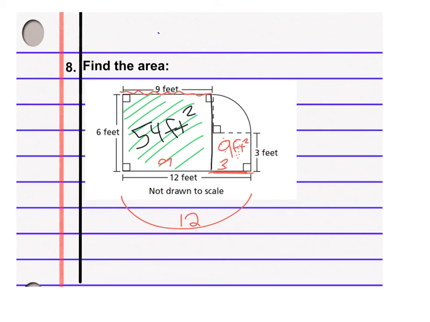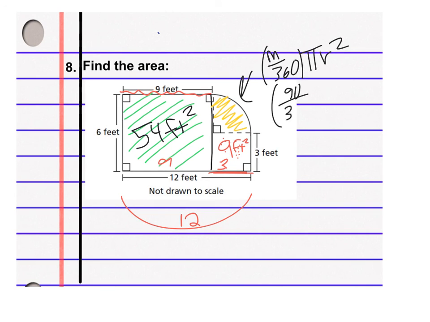Then the last part we have is this little wedge right here. So it's a circle sector with a right angle. So I'm going to do m over 360 pi r squared. The m is 90 because it's a right angle. My radius is also 3. You also could do the whole area of a circle, pi r squared, pi times 3 squared, and divide by 4.